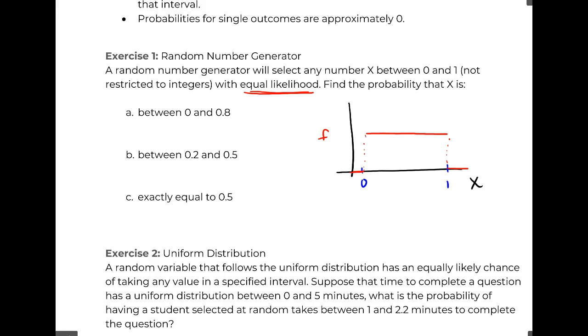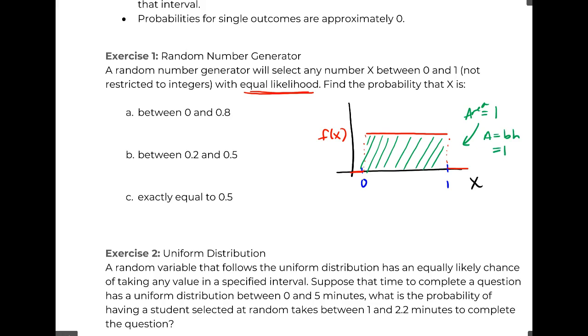Now, the actual height of this, again, doesn't necessarily mean anything, but we can figure that out because we do know that the entire area under here, this whole area, has to equal 1, right? And if that area is equal to 1, well, we can figure out a little bit more because we know how to find the area of a rectangle, right? Area of a rectangle is just base times height or length times width, however you want to think about it.